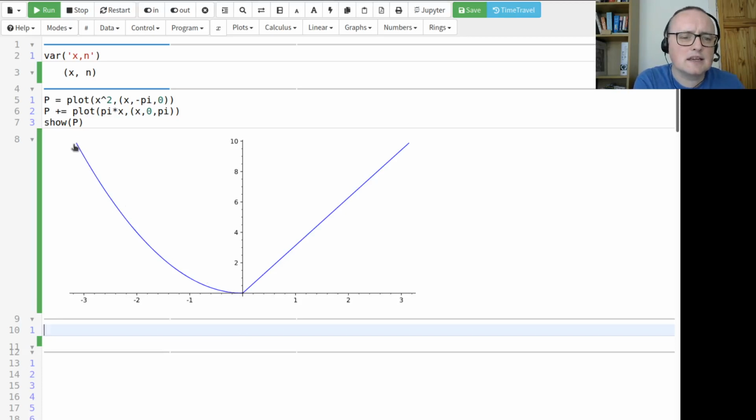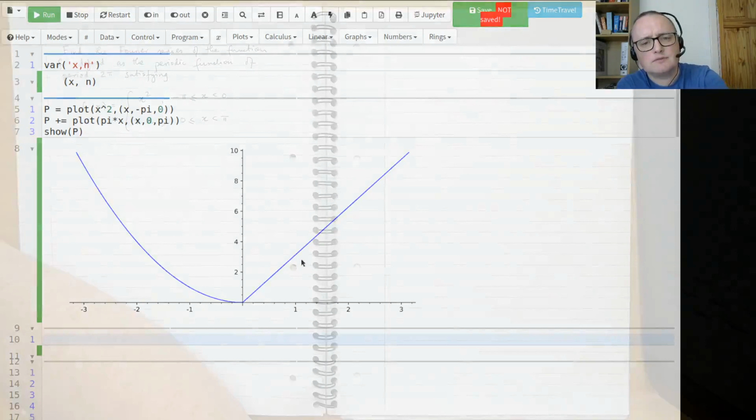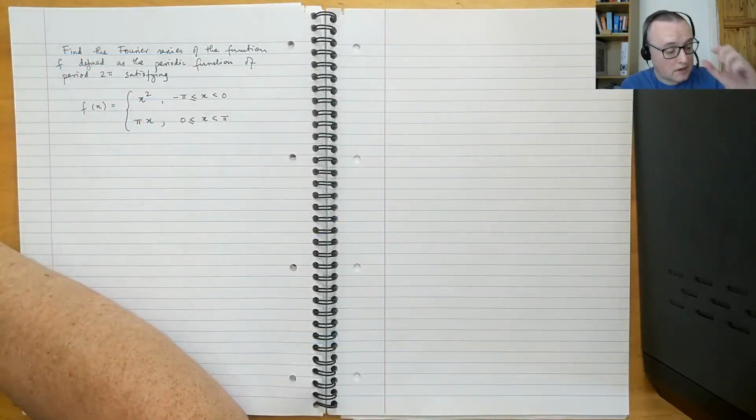And it's got the same value at the start and end of the interval, so it will be continuous when you think of it extended as a periodic function across the whole number line, although there will be another point of discontinuity in the first derivative of the function at these endpoints here. So we'll return now to what we're writing on the paper.